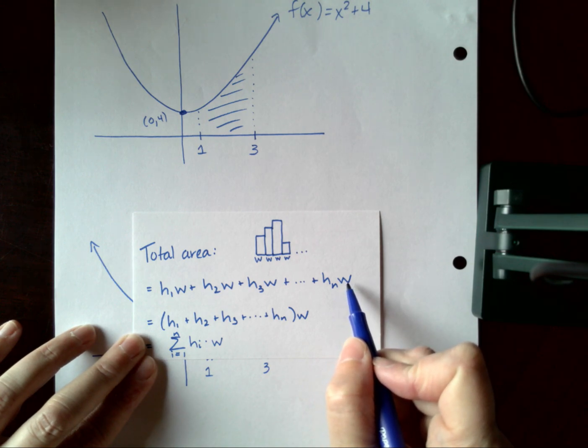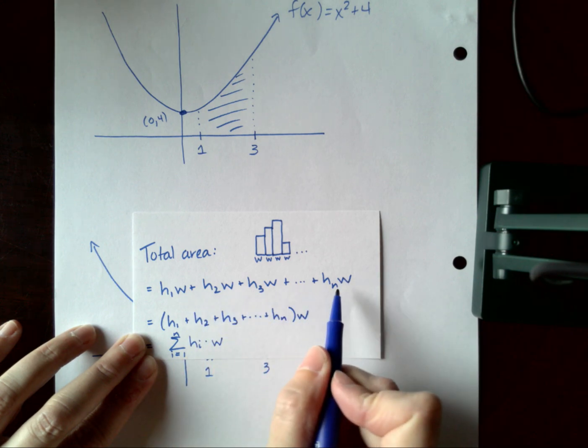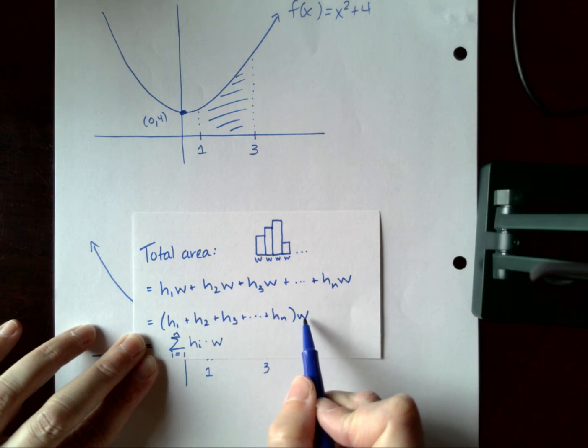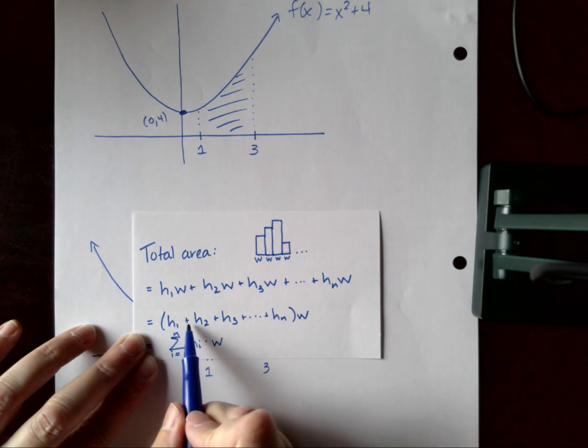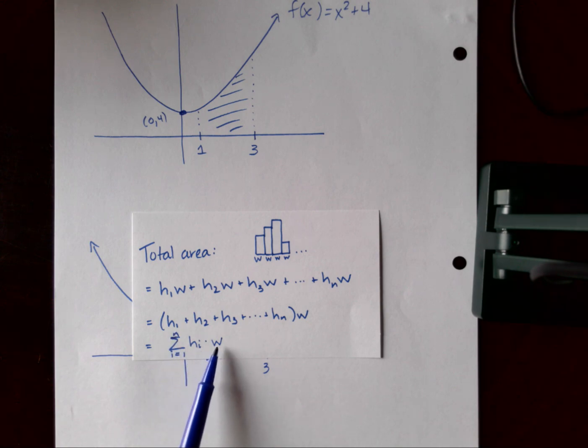And that could be rewritten if we factor out the width, because that width is the same all the time. If we put that width outside as a factor and then just add up all of the heights. And that's what this notation is, the sum of the first n heights times the width, which is fixed.